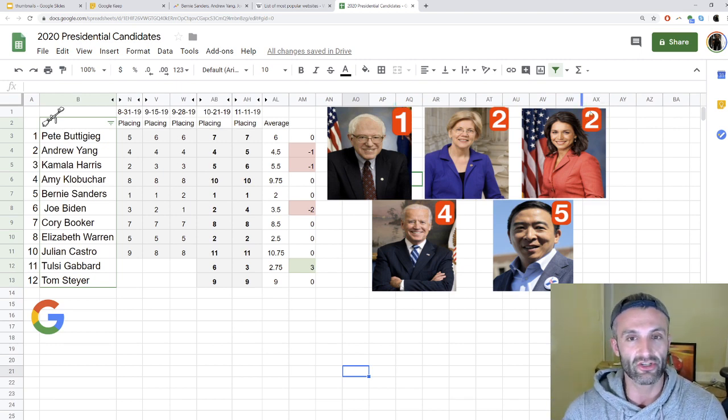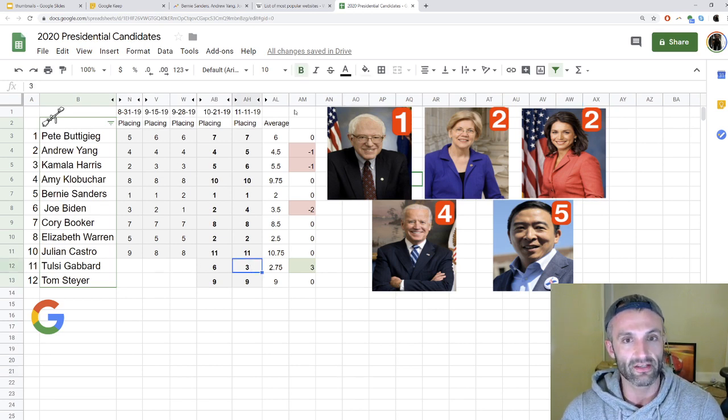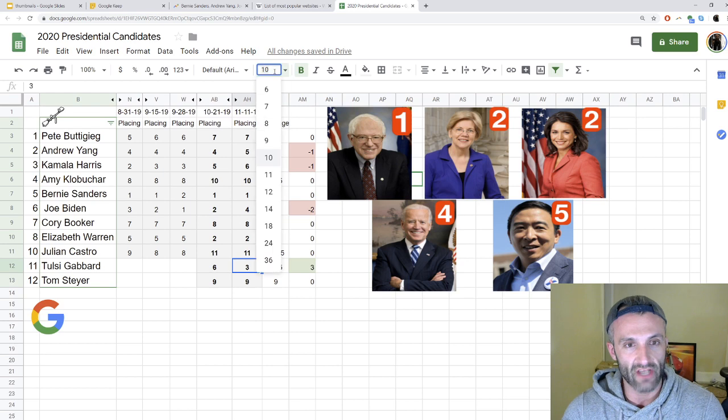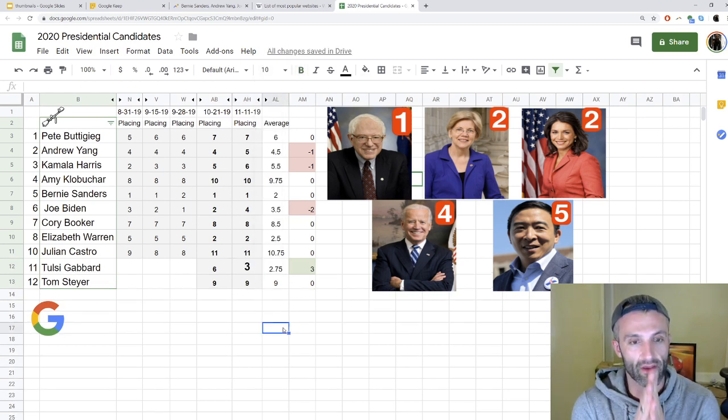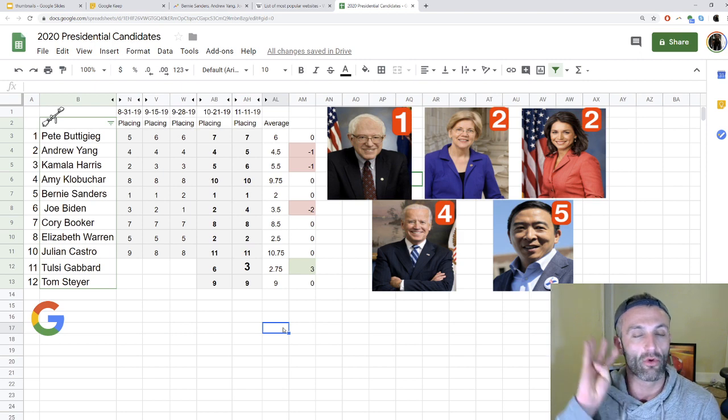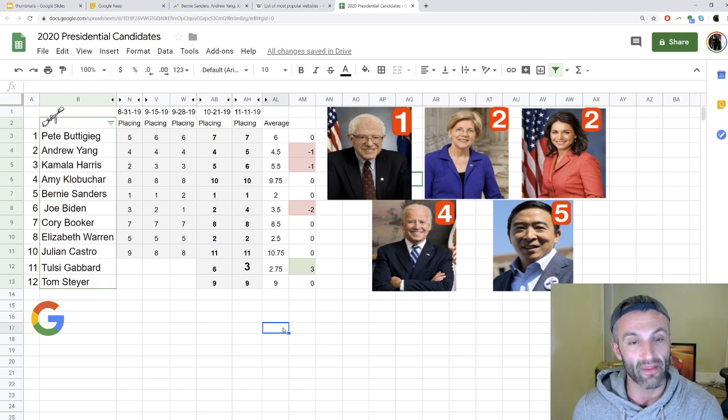So you can just scratch that. I apologize. Look over here. This is where she's actually ranked, number 3, with Joe Biden in 4th place and Andrew Yang in 5th place. So that gives us the top 5 candidates who the American public are actually interested in looking into, right?